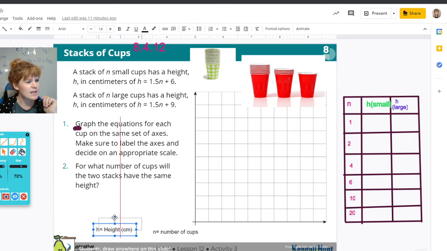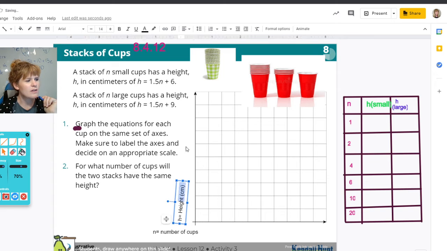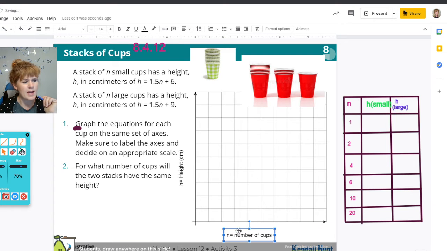And I decided that I will put the height of the stack on the y-axis. So I'm going to move my label right here. And the number of cups is the label on the x-axis. You need to do that yourself. And it says to decide on an appropriate scale.